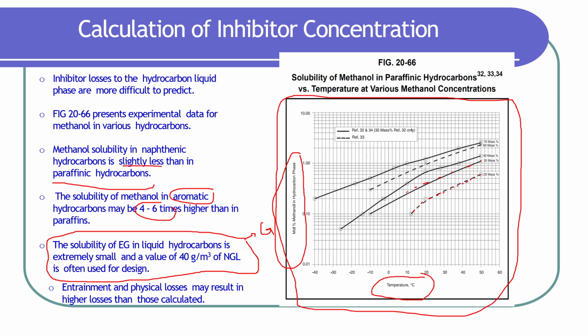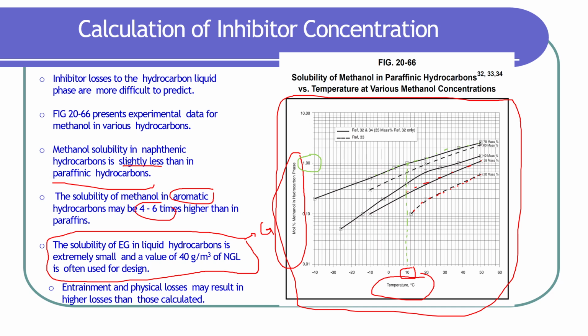But for simplicity, let's look at this scenario here. For example, assume that I have a temperature of 10 degrees Celsius, and I know that I'm going to inject methanol with a concentration of 70%. So I'm going to find where the 70% mass of methanol is. I go vertically until I hit the 70% weight of methanol, and then I can read the mole percent of methanol in the hydrocarbon to be approximately 1.